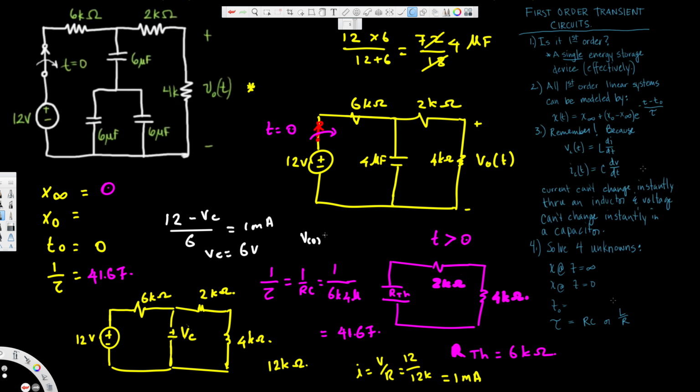V0 of t is going to be equal to 6 voltage times the resistance at that one, that's 4, over the total resistance, that's 2 plus 4, that's 6. But to better illustrate this, it's better to draw a diagram, right? So before I do that, I'll draw a diagram so you can see that.